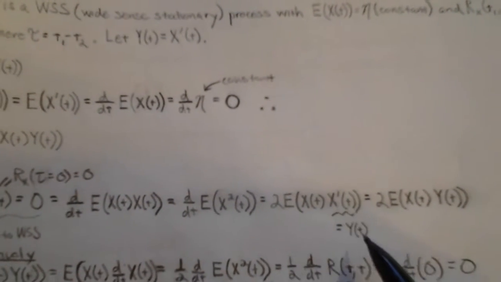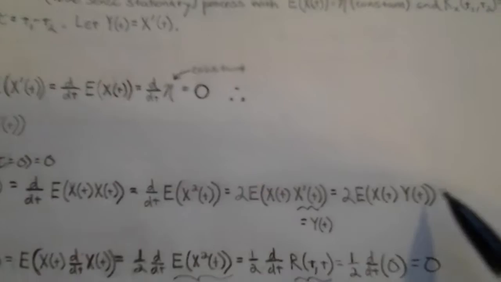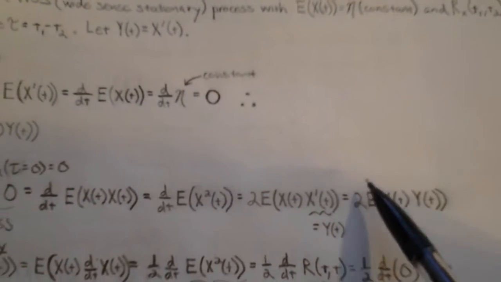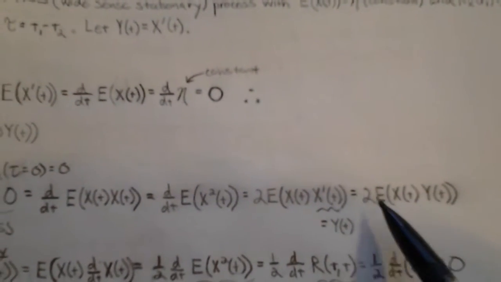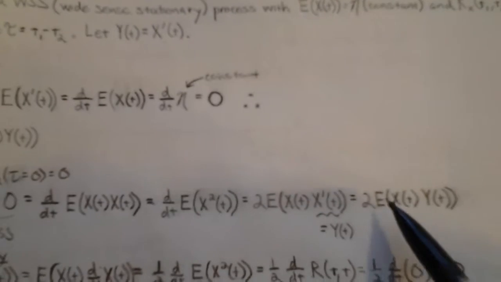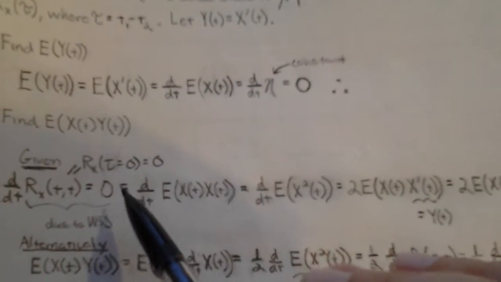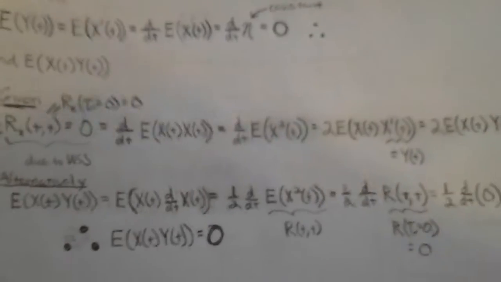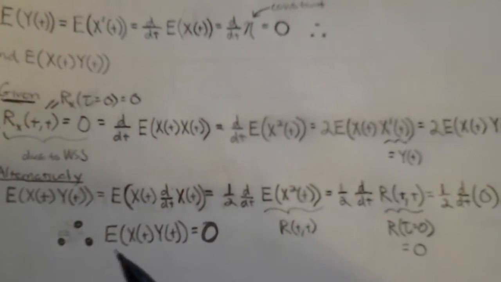Since this right here is equal to our y term, we substitute in. So this term right here is what we're looking for. What we have is 2 times the expected value of the product of x and y equal to 0. If we work it out, the 2 cancels out, and this ends up being 0. So our final term, however you want to work it out, is 0.